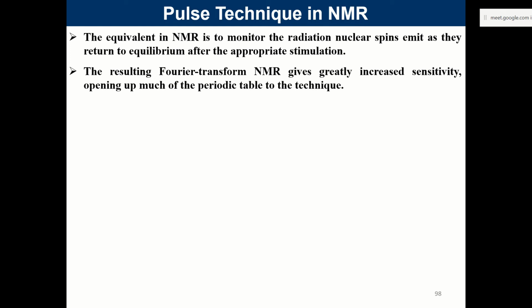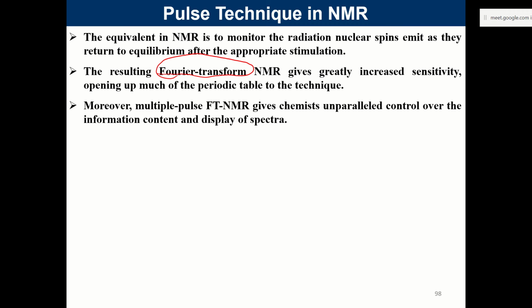For that analysis you will require Fourier transformation, a mathematical step which will deconvolute all the waves and frequencies that were together in a complicated pulse profile. That is where we need the algorithm, the Fourier transformation.